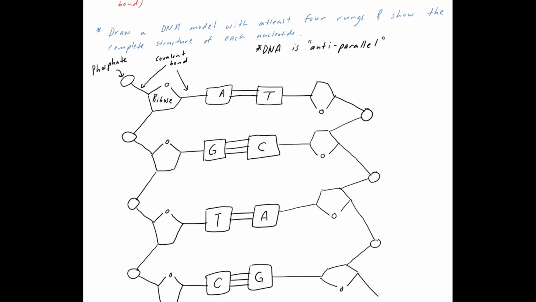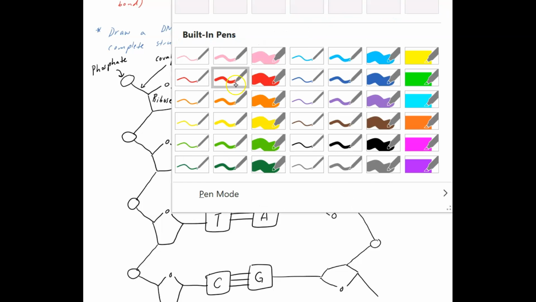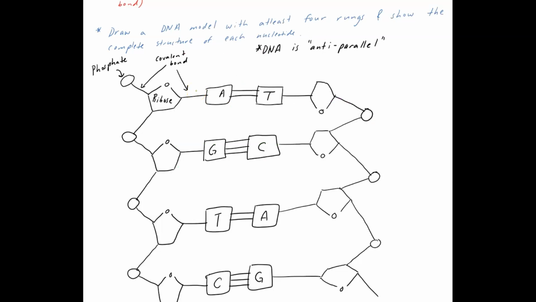When you're drawing these, you really just need to label one of the nucleotides. You see how I have the phosphate, the covalent bonds, and the ribose labeled. Make sure you've got the locations of the oxygens labeled. On this side, my oxygens are pointing up. On this side, my oxygens are pointing down.